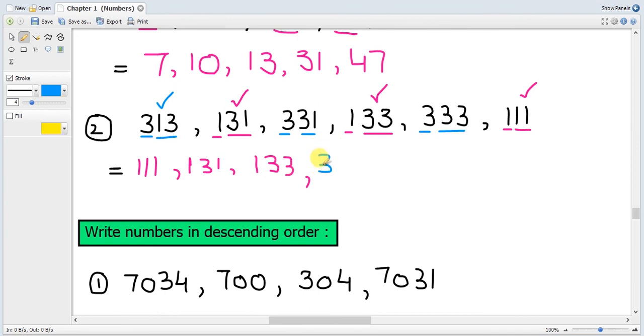It is the smallest of the three, but it is greater than 133, right? The next is 31 or 33. Which one is smaller? 31. So we write 331, which is smaller than 333. And finally, the last number is 333.